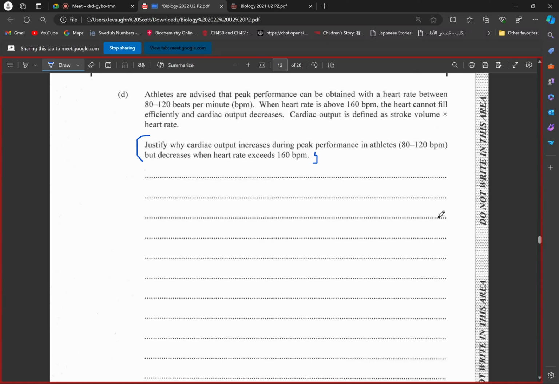It's 8 marks. I have to explain and justify why it is increasing during peak performance in athletes, and then why it is decreasing after that time.